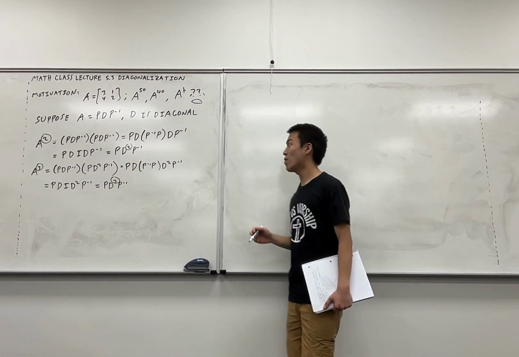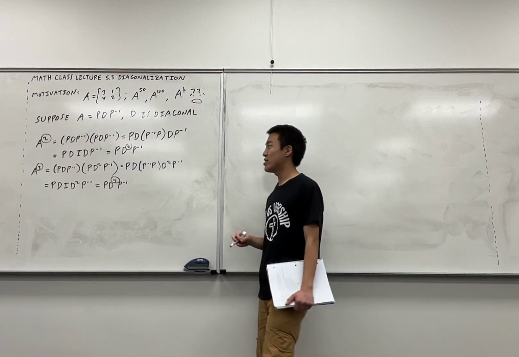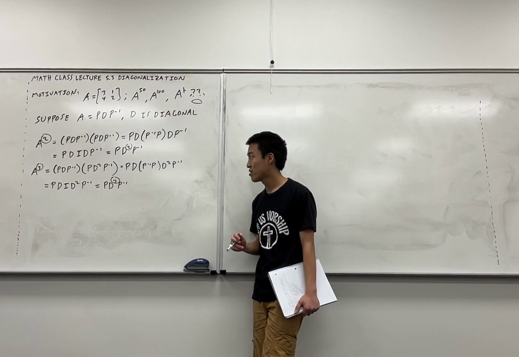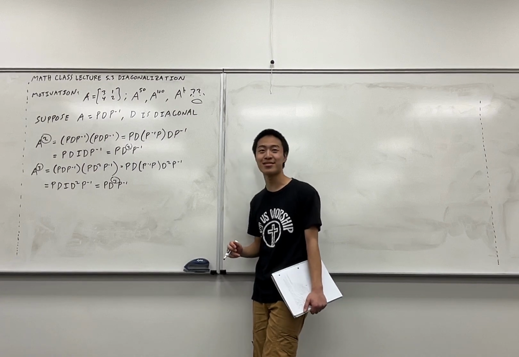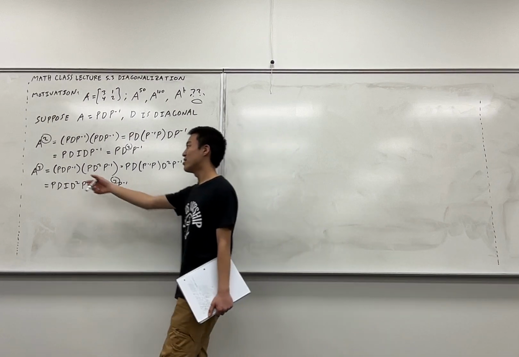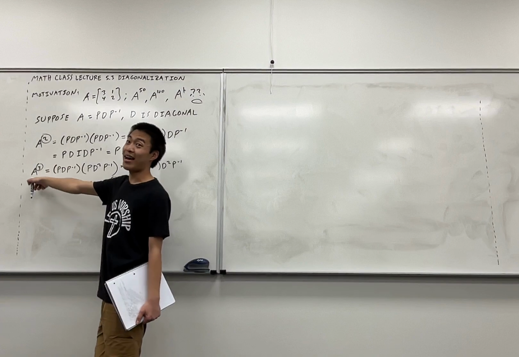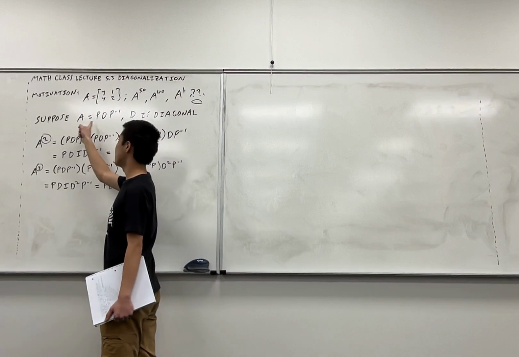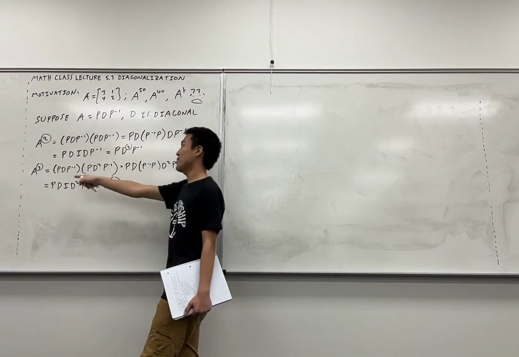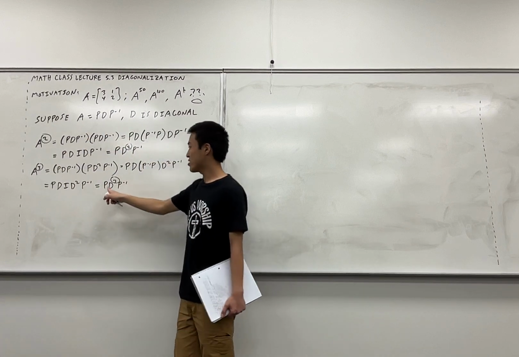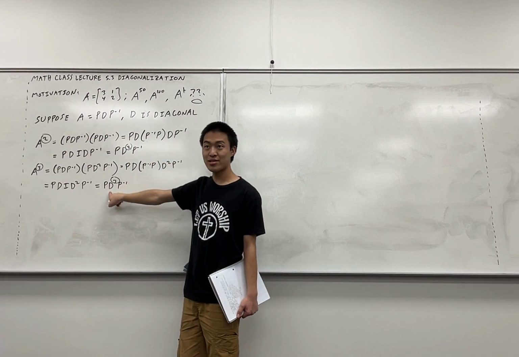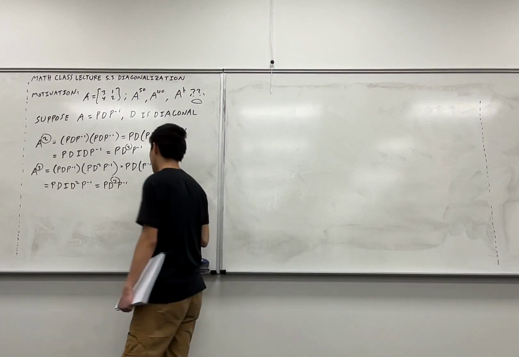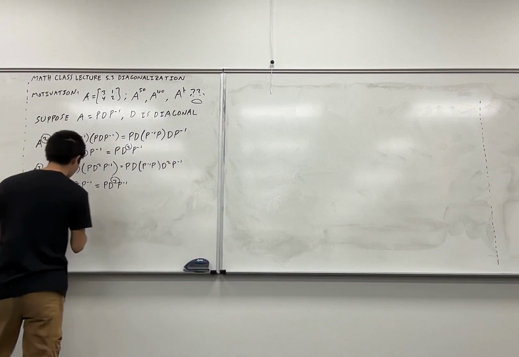Okay, so why might diagonal matrices be really helpful? Because it's easy to take high powers. If I can diagonalize A and make it look like some PDP inverse, then raising this to high powers is tantamount to just raising the diagonal matrix to high powers. Why is that helpful? Because of what a diagonal matrix is.